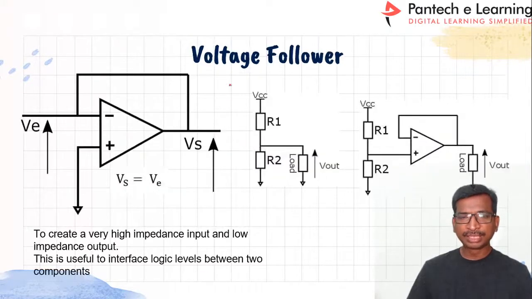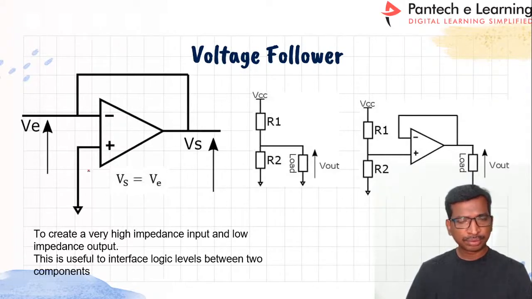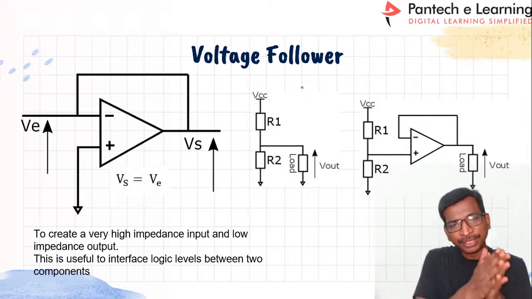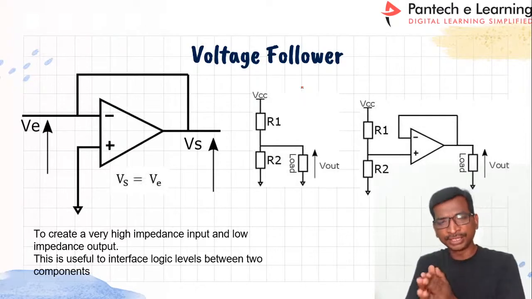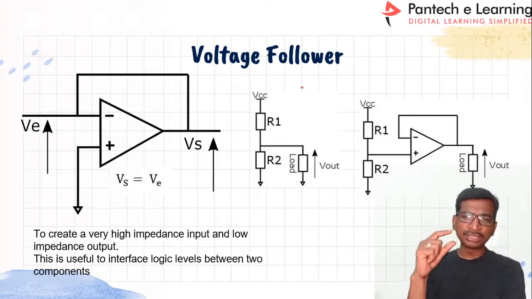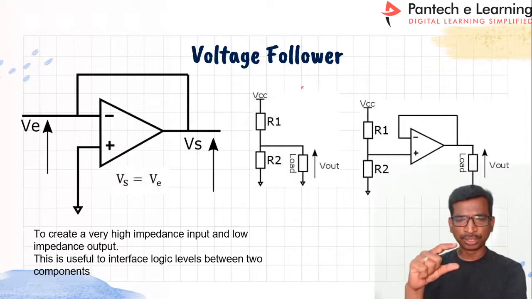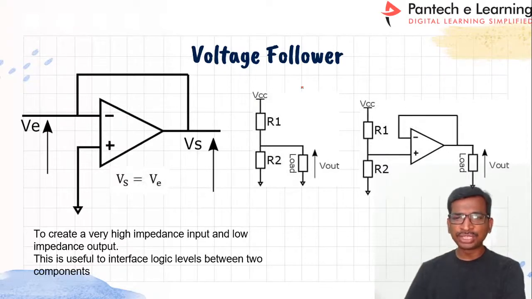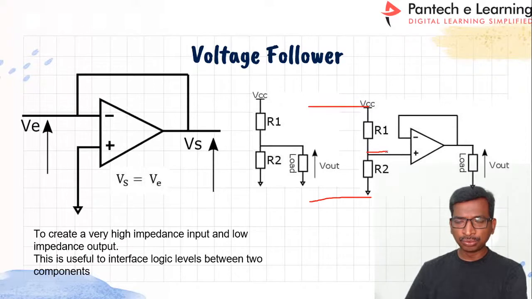See here, the voltage follower. This voltage follower is going to give you whatever input voltage you apply, the same voltage only we are going to get. Suppose you are going to use the voltage divider method to measure the value. Instead of measuring the whole voltage, you are going to measure the voltage across R2 alone.